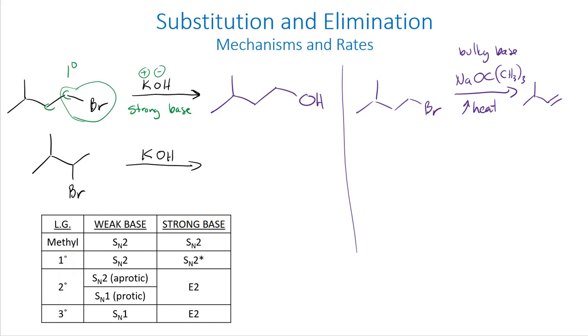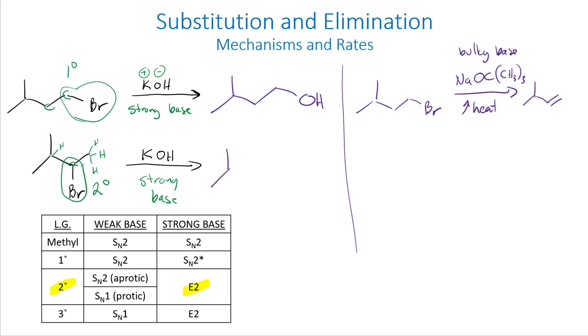In our second example, we have a secondary leaving group. We still have the same strong base, and so we're going to find that with secondary and a strong base, we're going to favor elimination without an exception to that rule. It's worth noting here we have hydrogens on either side of the carbon with the leaving group, and so we've got a question of regiochemistry.